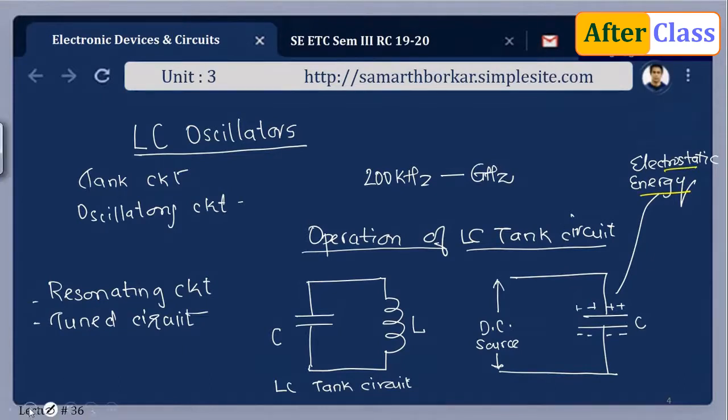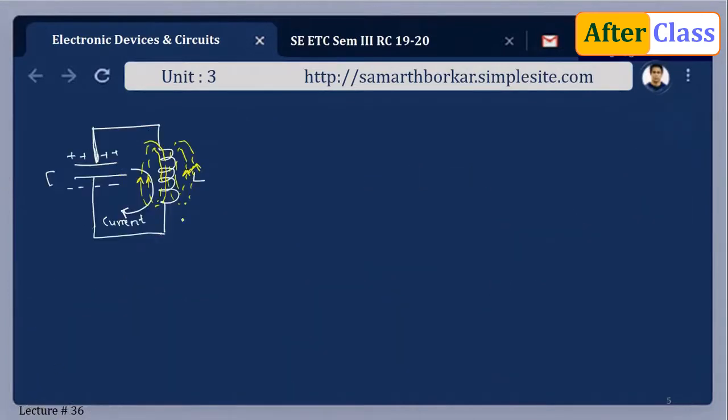Fine. Now, when this circuit is properly connected, this capacitor will discharge and maximum current is going to flow through this circuit. At this instant, all the electrostatic energy gets stored as a magnetic energy in the inductor L. So from electrostatic energy, we're going to have a kind of magnetic energy.